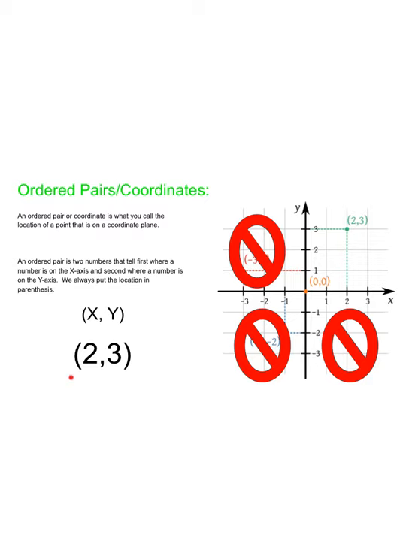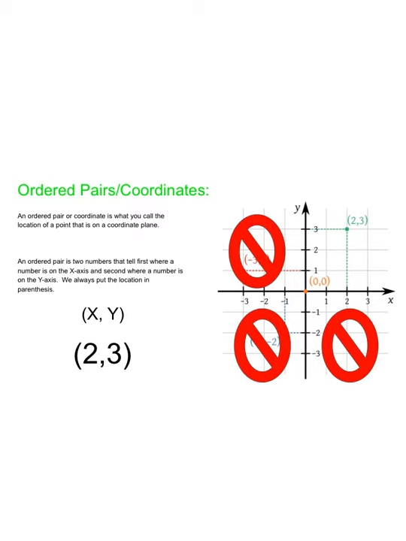So every time I see an ordered pair or coordinates here, I'm actually talking about a location, a place on a coordinate plane. When we write them, like I said, we're going to put parentheses. They'll be separated with a comma. And then I always put where it is on the x-axis first, and then the y-axis.